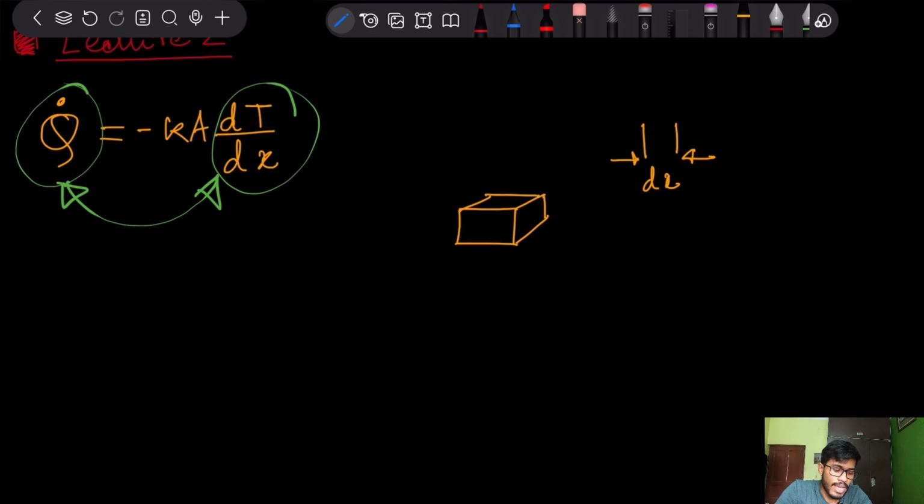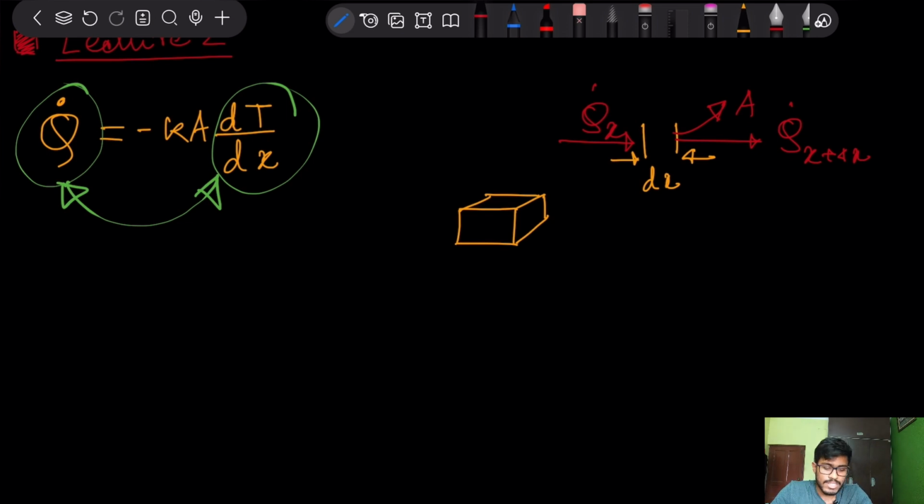Maybe you have taken the cross-section area as A, and you have derived it by this method: some heat is going in, qx, at a distance x, and qx plus dx is leaving this control volume. Then you have balanced this energy.